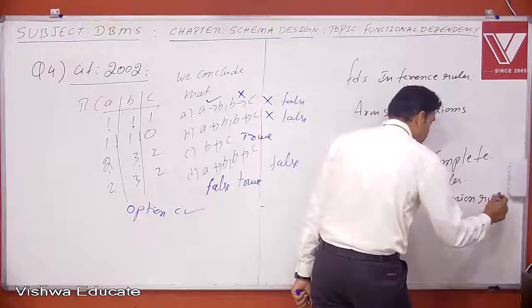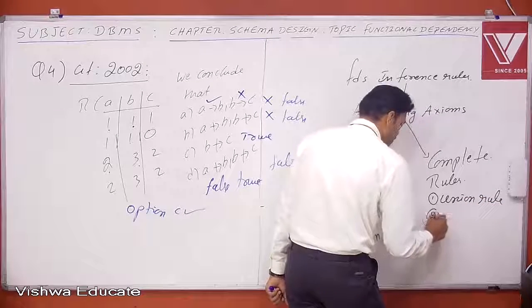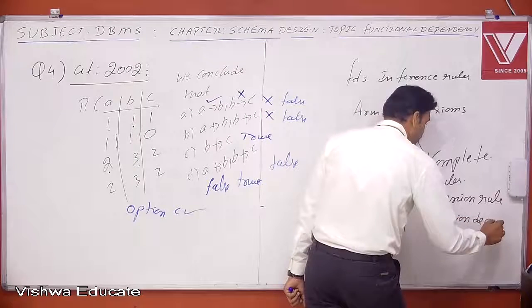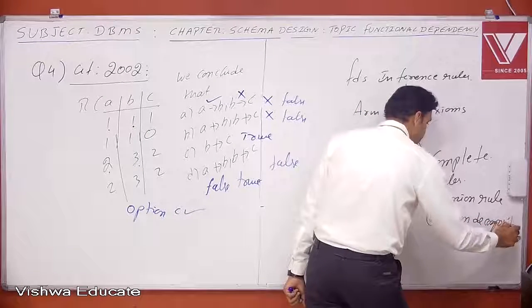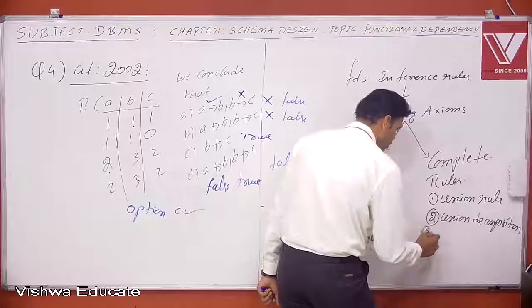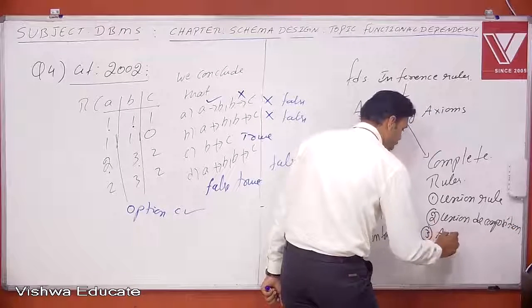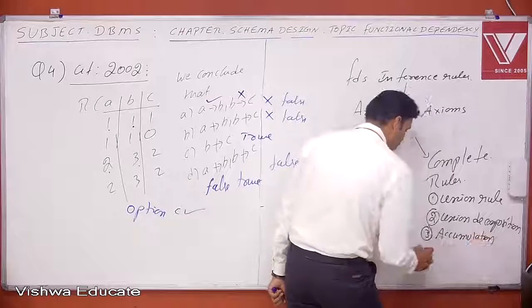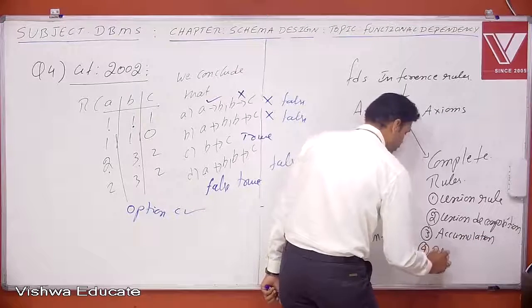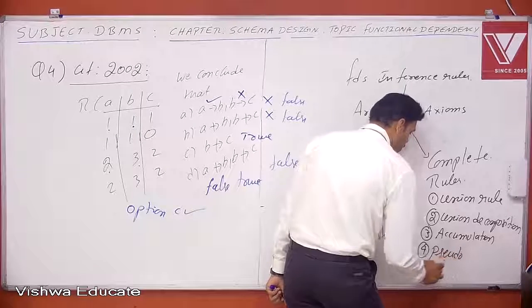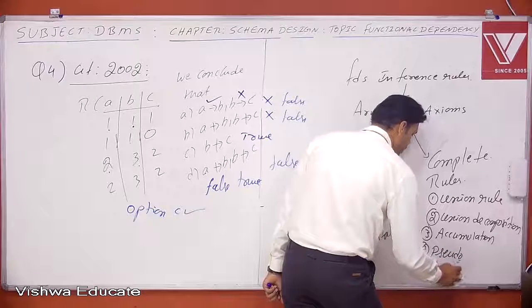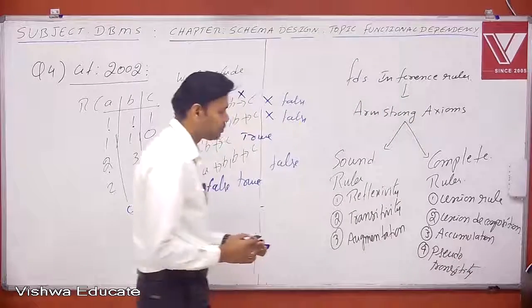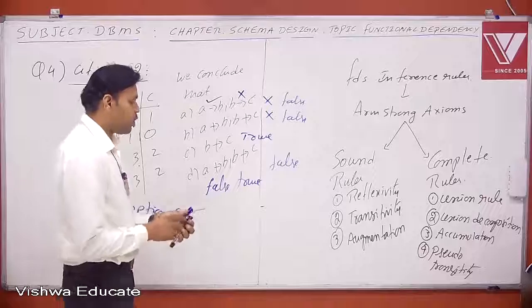Union rule, decomposition rule, accumulation rule, pseudo-transitivity. You can copy them.